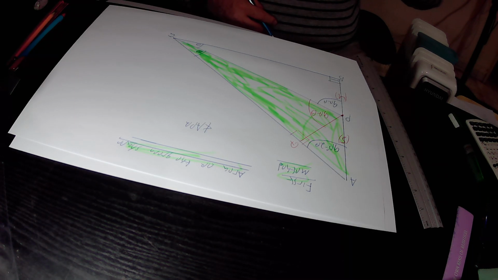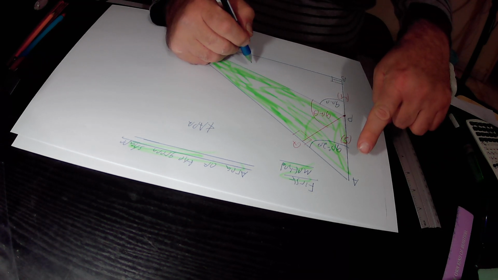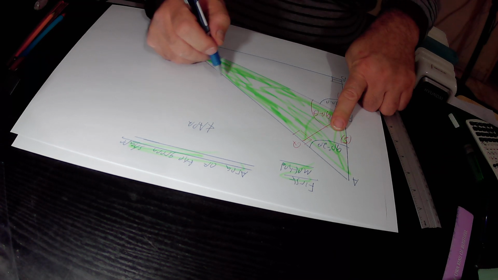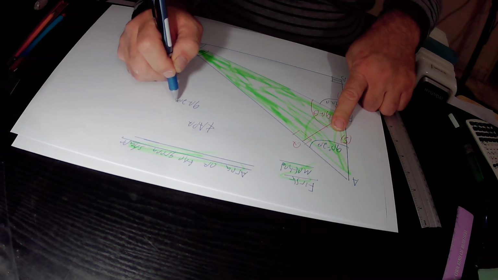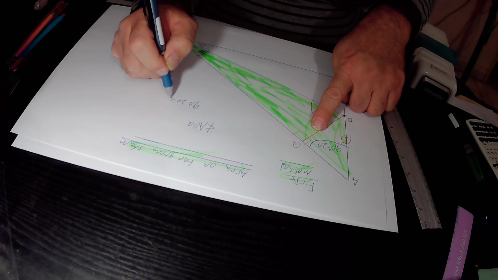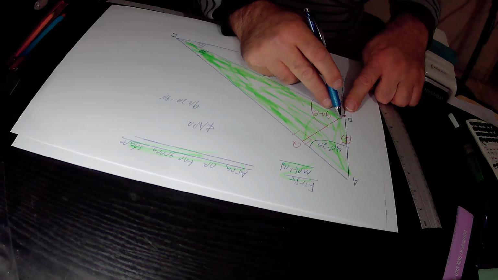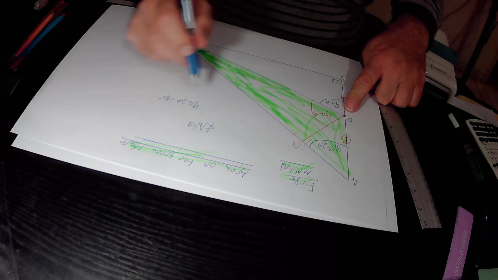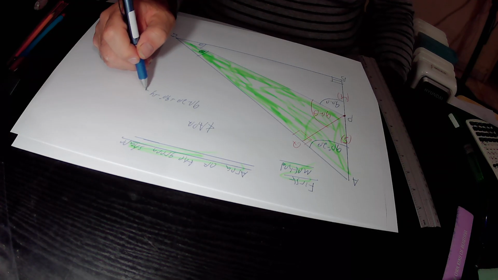In this small green triangle APQ, this angle equals 90 degrees minus 2 theta, plus this angle that is 90 degrees, plus this missing angle, which we call y. In total, the sum of those three angles must be equal to 180 degrees.